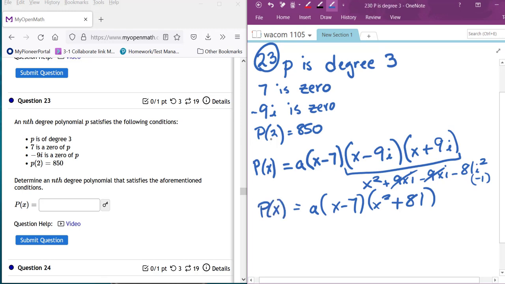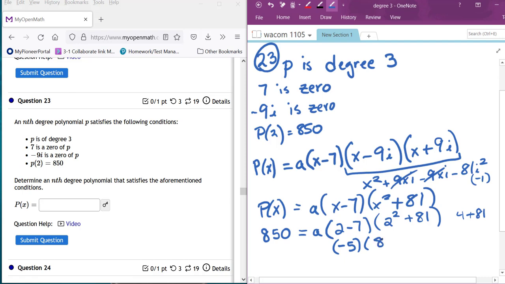And then we'll use our other condition to figure out the a. So they say when you let x be 2, the y is equal to 850. So the 850 will go here. Keep the a, x is 2. And so this gives us a negative 5. 2 squared is 4. 4 plus 81 is 85.